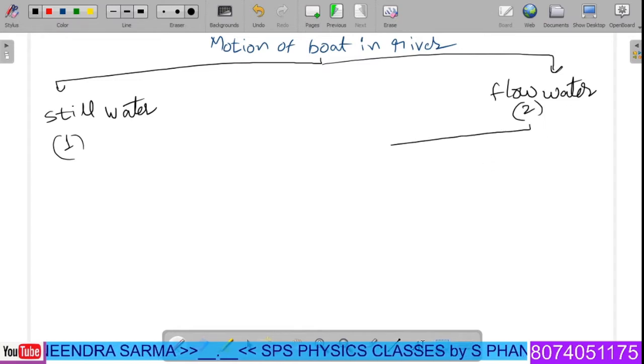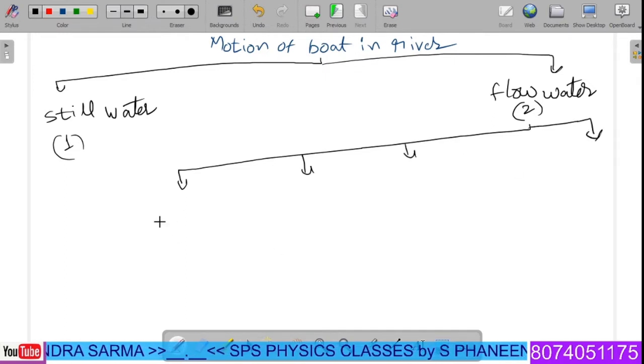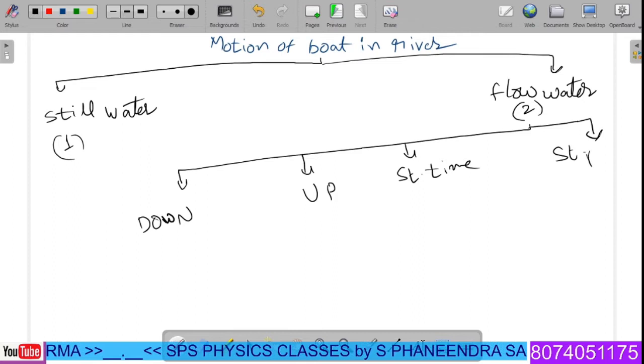The flow water problems are again divided into four models from the examination point of view. The first one is called downstream condition. Downstream, upstream, shortest time, and shortest path.